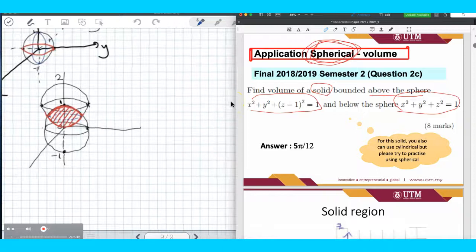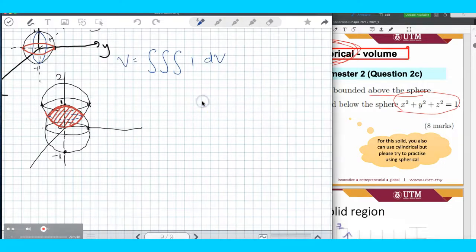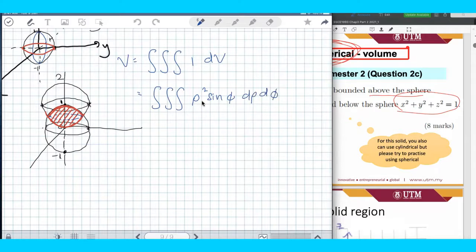To find the volume, the formula is the integral of 1 dV. Since we want to solve using spherical, we use the dV of spherical, which is rho squared sine phi d rho d phi d theta.